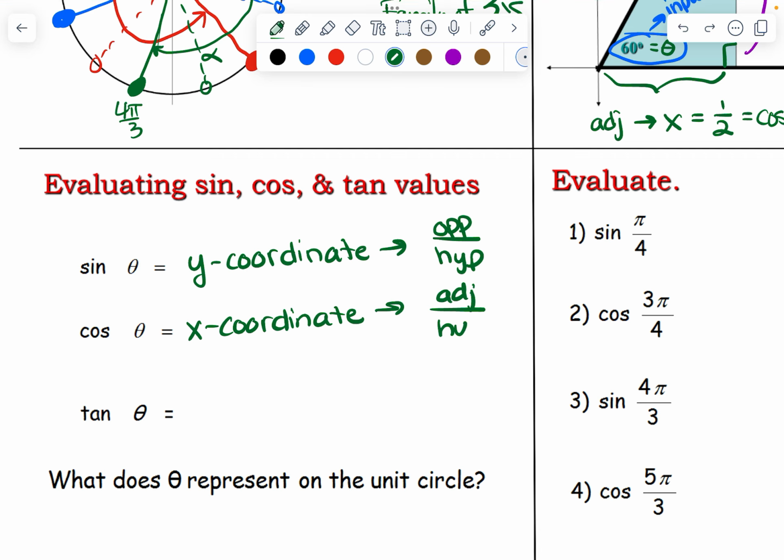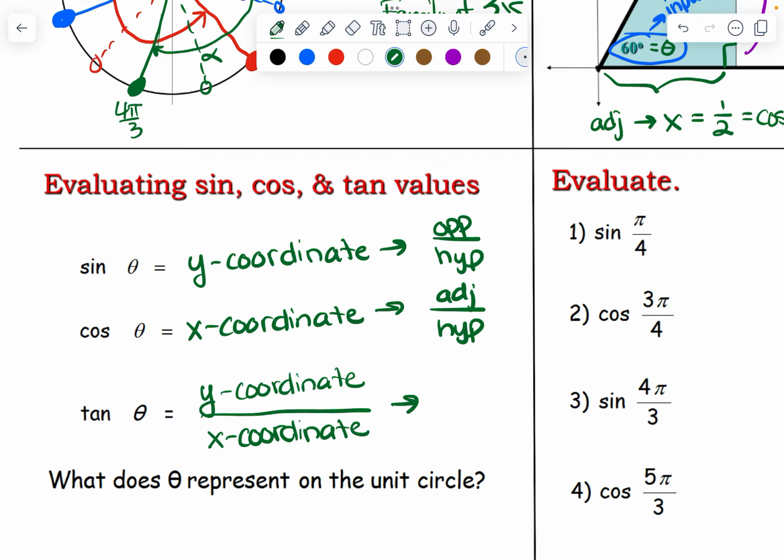And then tangent theta, that's going to be your y-coordinate over the x-coordinate. Or you could also say this is equivalent to sine theta over cosine theta, which gives us opposite over adjacent.